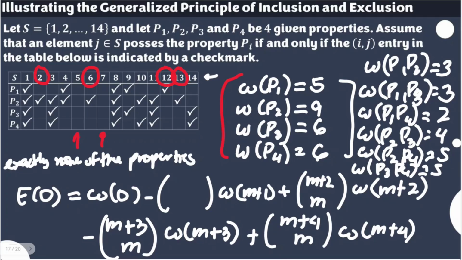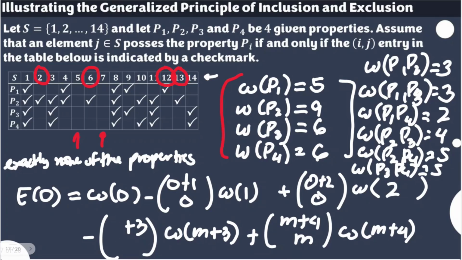And you will have here 0 plus 1, taking 0. So this is now 0 plus 1. So you can try here 1. So the next one is 0 plus 2. Then you have here your omega becomes 0 plus 2 is 2. Then here you'll be subtracting that 0 plus 3.